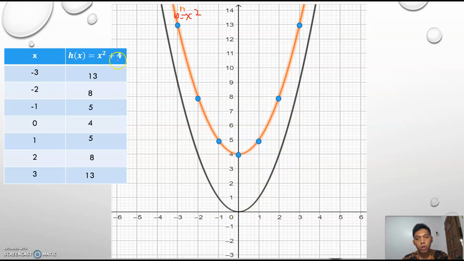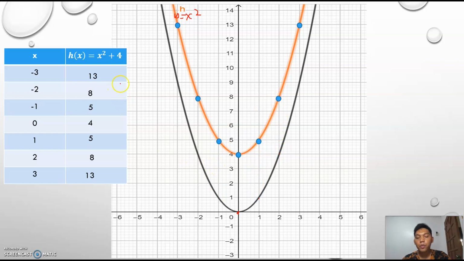So what did k do here to graph the orange? Let's locate the vertex here, and then you use the k value, which is 4. K is positive, so let's count going upwards. 1, 2, 3, 4. And then this point, 1, 2, 3, 4. This point, 1, 2, 3, 4.